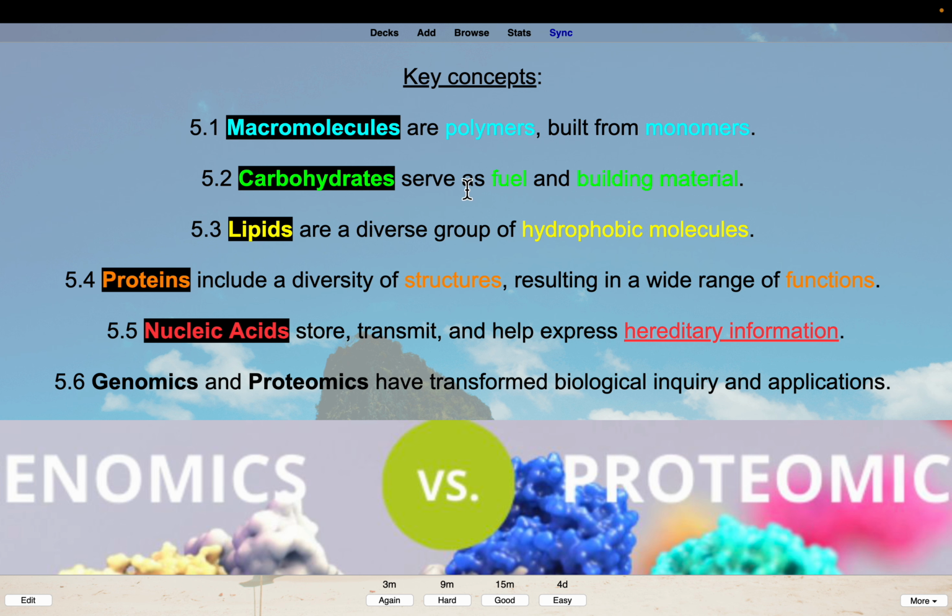Carbohydrates serve as fuel and building material. Lipids are a diverse group of hydrophobic molecules. Proteins include a diversity of structures, resulting in a wide range of functions. One of them, I believe, is making your muscles, building the structure of your muscles, among a lot of other things.